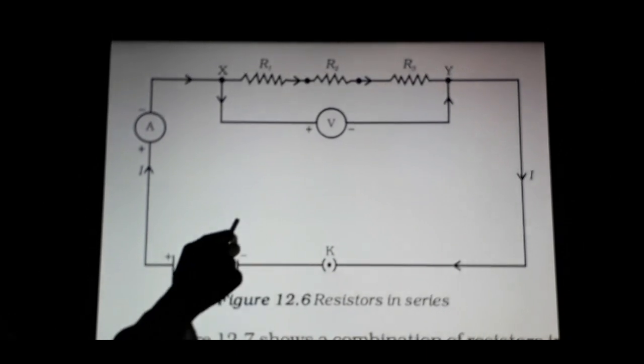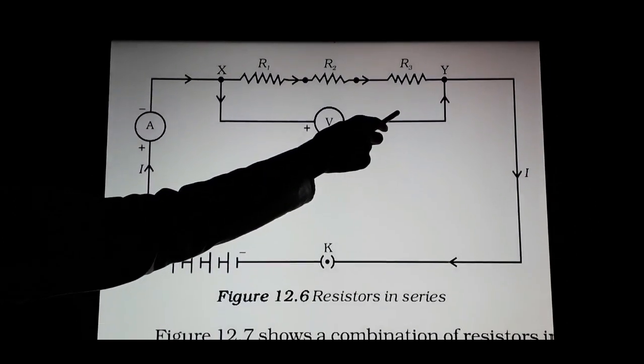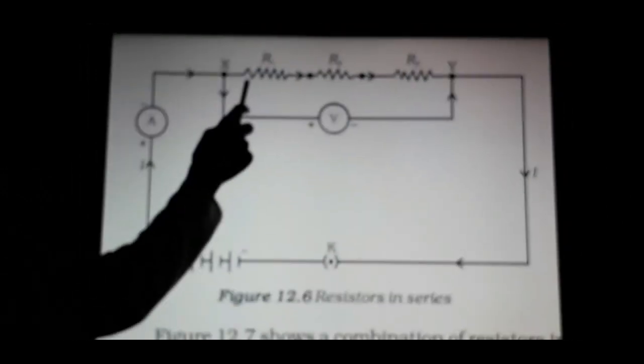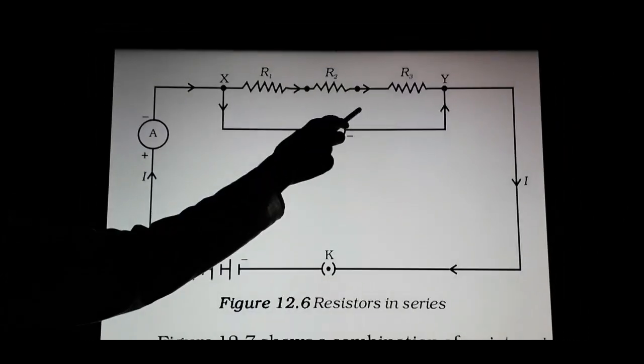But the problem of this type of combination is that if one lamp shuts down, then the others will also shut down. For example, if we have three lamps with the resistance R1, R2 and R3, and if one lamp shuts down, then the other two will also shut down.